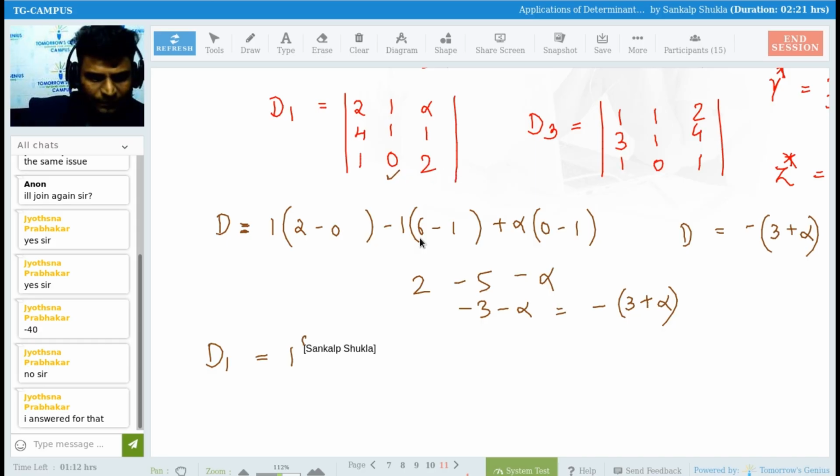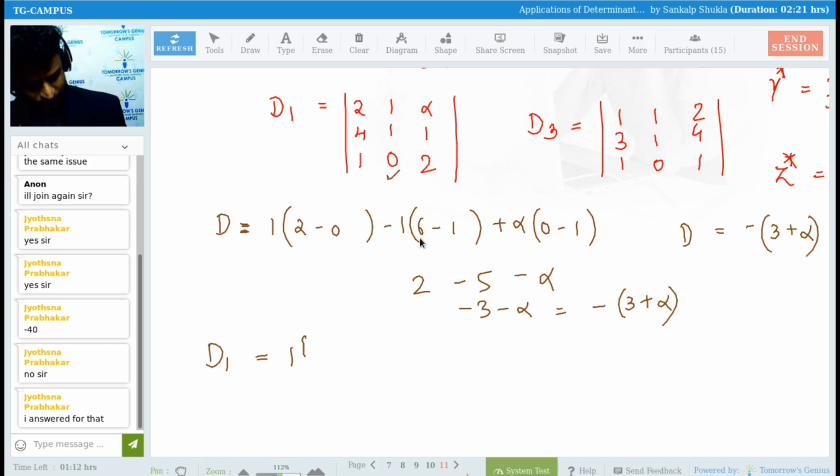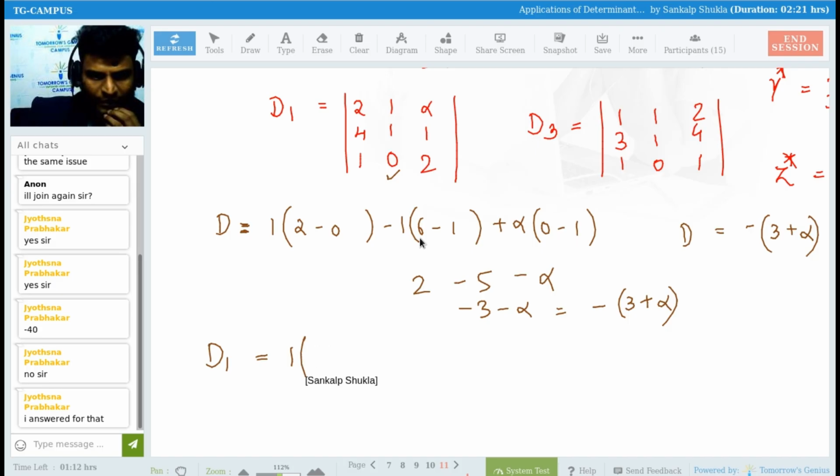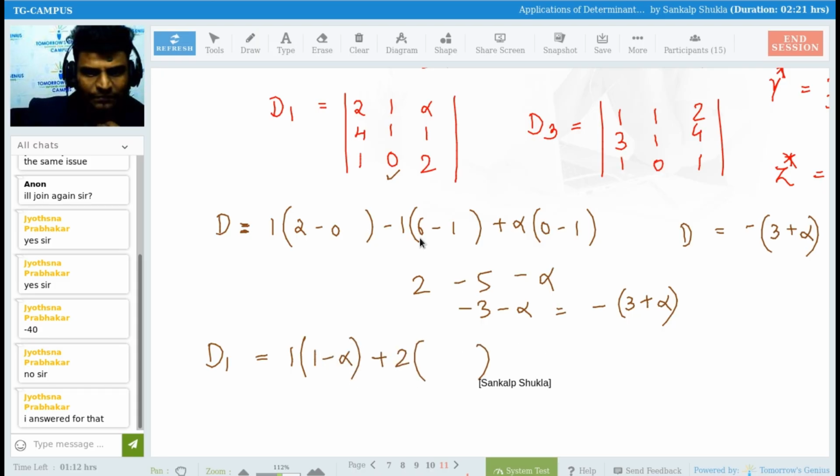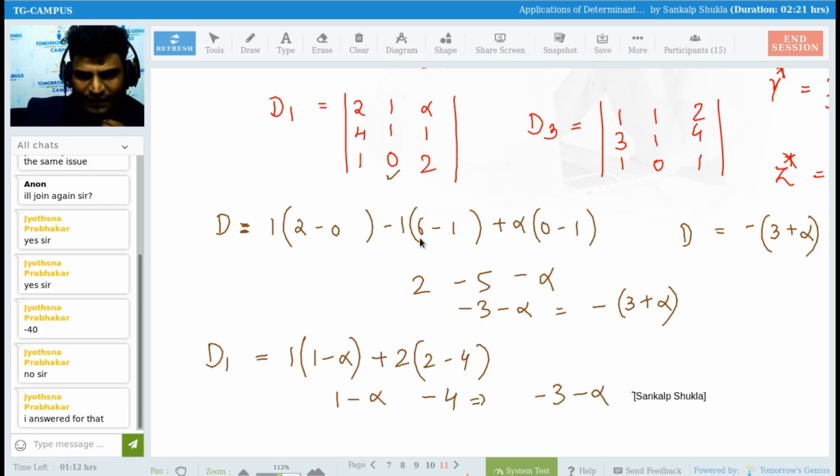So 1 I will write, and this will become 1 minus alpha, and then 2, and it will become 2 minus 4, so it is minus 4 again. And 1 minus alpha, so it is minus 3 minus alpha again, that is minus of 3 plus alpha.